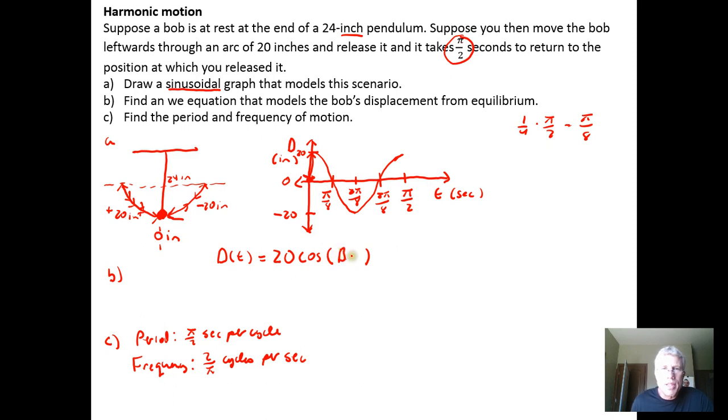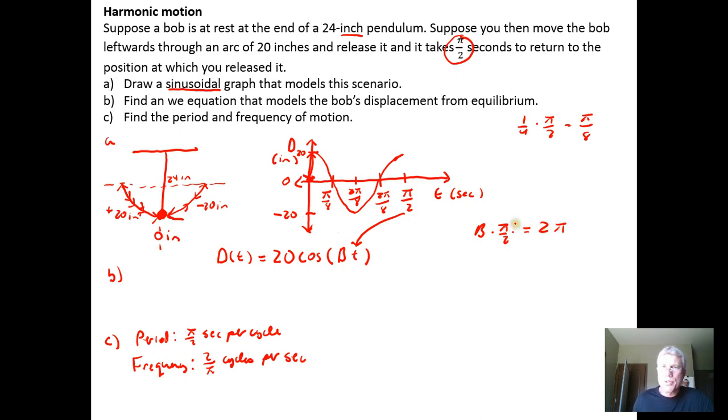And this is going to be b times t. Again, in science texts, especially physics, diff EQ, you would have omega here. We're not going to worry about this. And the key is that the period happens in pi over 2 seconds, so t equals pi over 2 at one cycle or one trip around the unit circle. So we need to plug pi over 2 in for time, so it's going to be b times pi over 2, and we need to know when does that equal 2 pi.